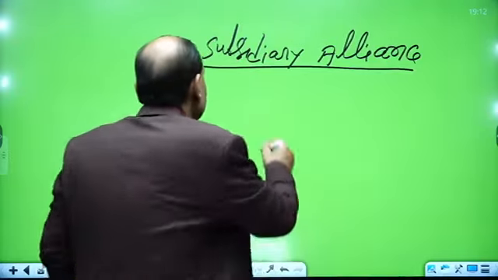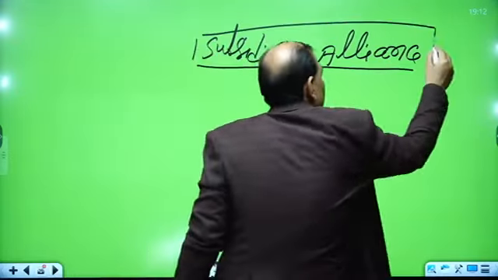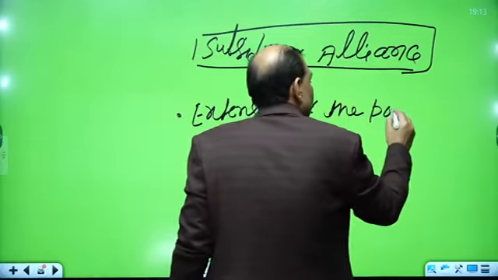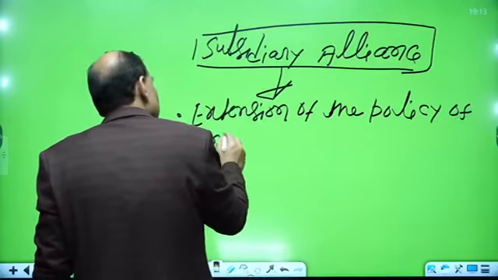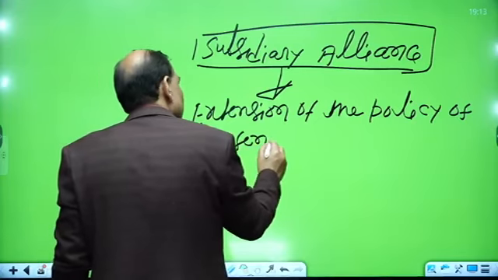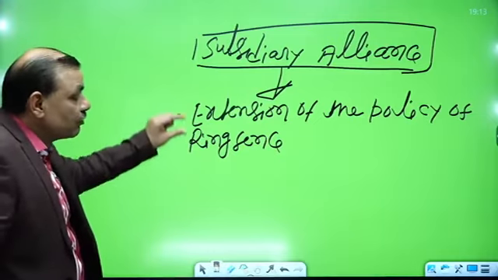But so far as the question of subsidiary alliance is concerned, here I have to make you understand one thing. Subsidiary alliance was the extension of the policy of ring fence.